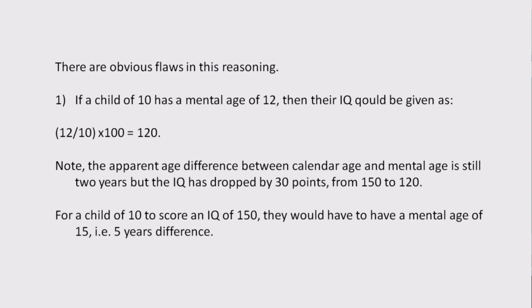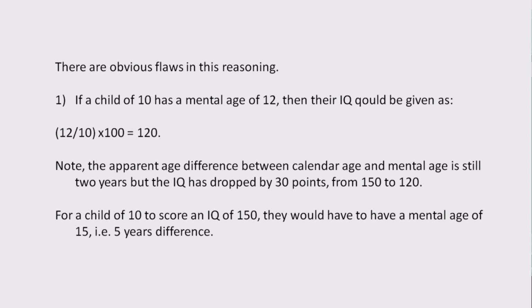There are obvious flaws in this reasoning. If a child of 10 has a mental age of 12, then their IQ could be given as 12 over 10 times 100, which equals 120.